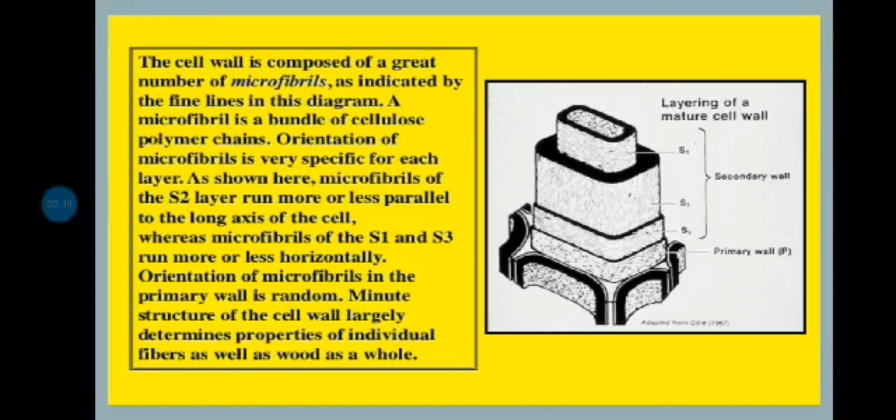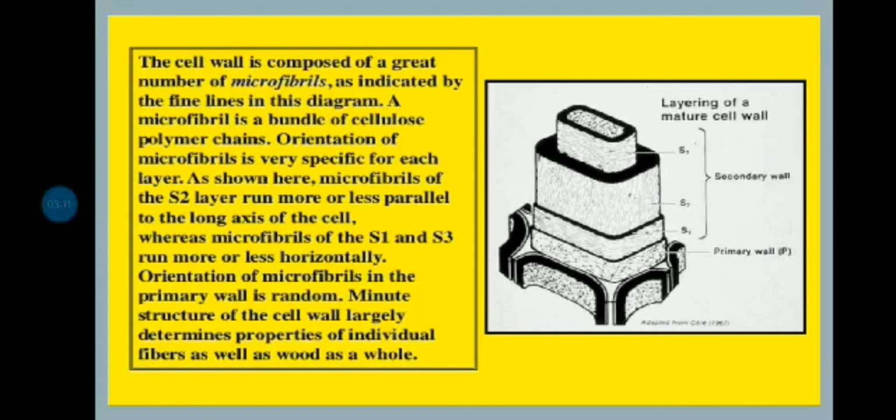So the cell wall is composed of a number of microfibrils as indicated by the fine lines in this diagram. A microfibril is a bundle of cellulose polymer chains. Orientation of microfibrils is very specific for each layer.